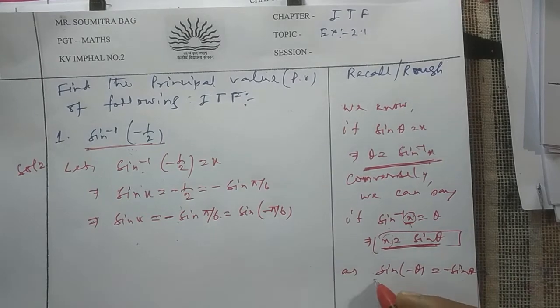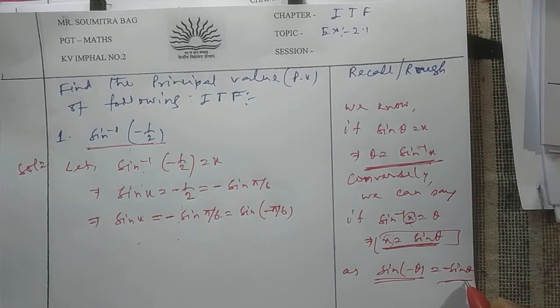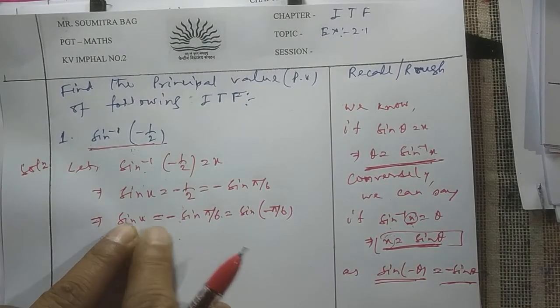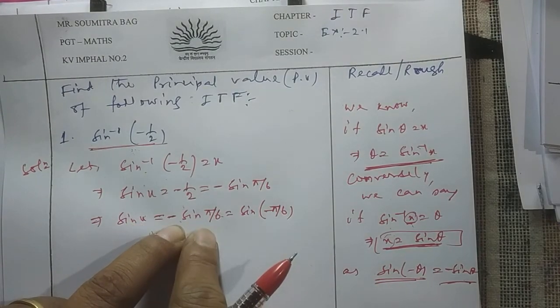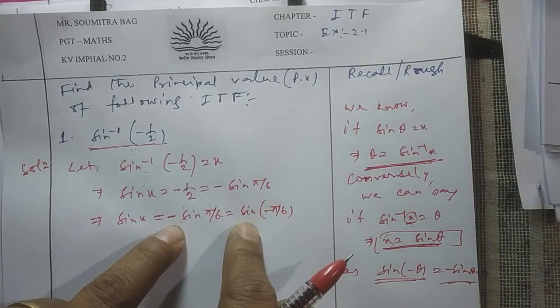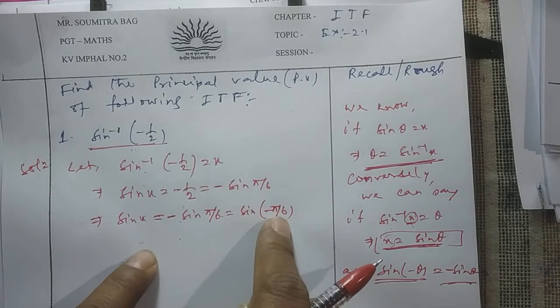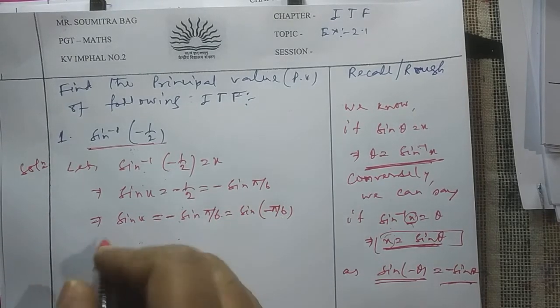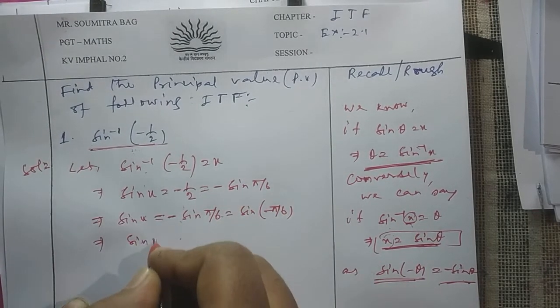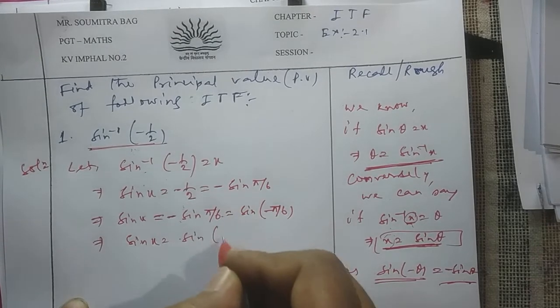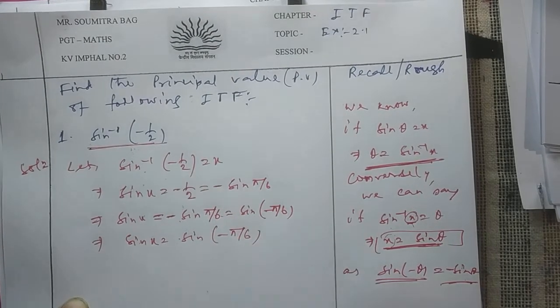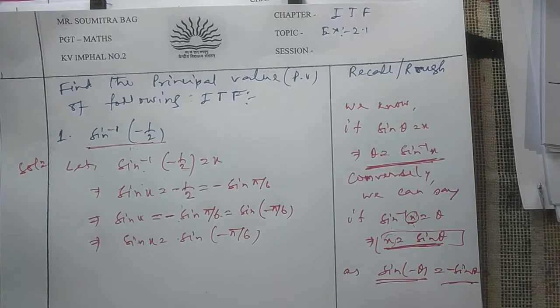So this sin x equal to minus sin pi by 6 can be written as sin of minus pi by 6. So ultimately we have got sin x equal to sin of minus pi by 6, correct?